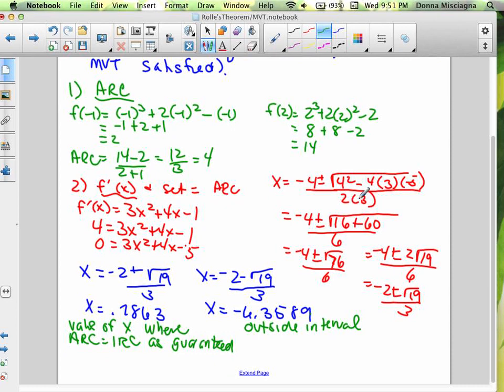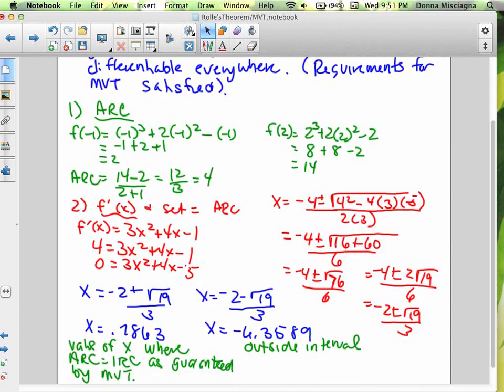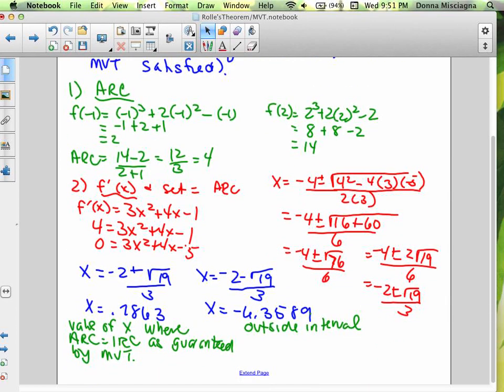I should have written smaller in the beginning. And we can abbreviate that MVT. MTV is something different. All right? So we determined that requirements for mean value theorem were satisfied. We found the average rate of change. We took the derivative. We set it equal to the average rate of change, and we solved for x. So not the prettiest problem in the world, but I wouldn't say it's the most difficult either.